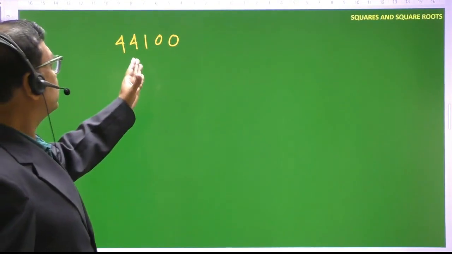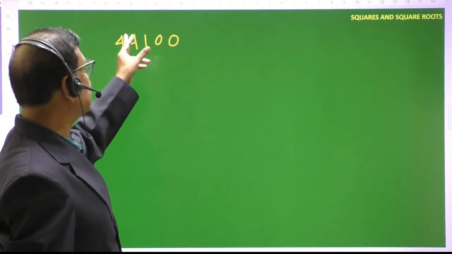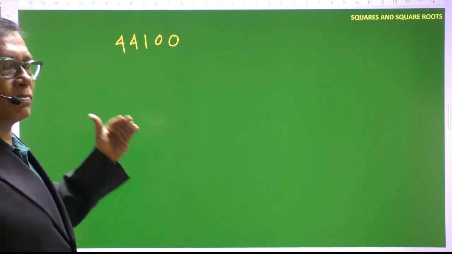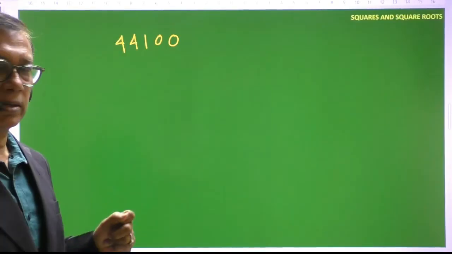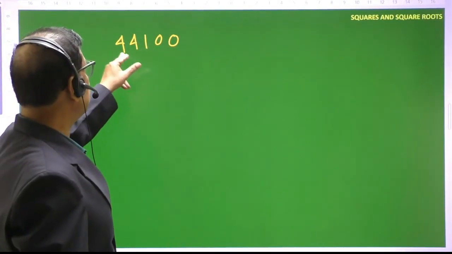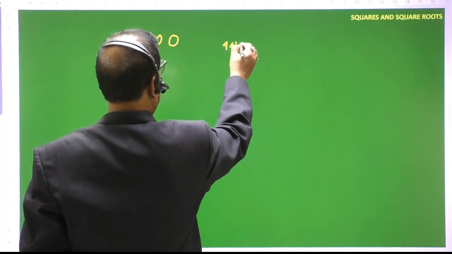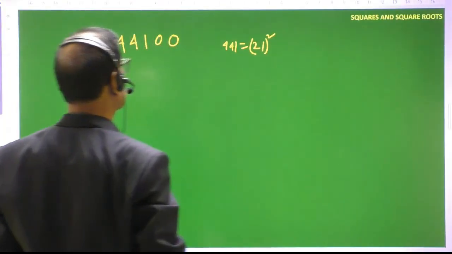So first we are seeing here the number is ending with 2 zeros, that is an even number of zeros. So that means the number may be a perfect square. Now if we see the other digits, that is 441, we know 441 is a perfect square because 21 square is 441.